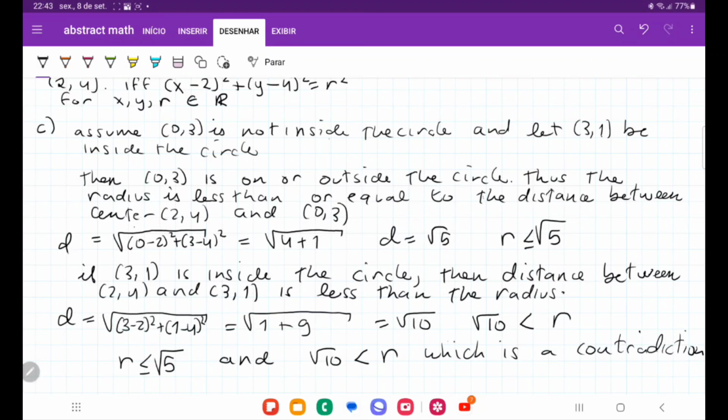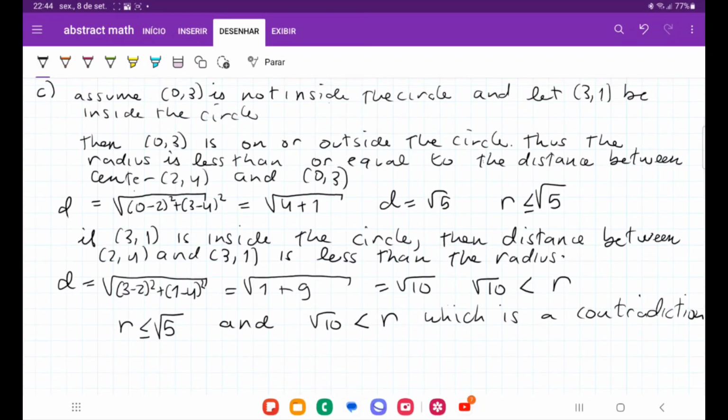Yeah, so we've shown that, hey, the idea of the distance doesn't match up, right? Because if (0, 3) is on or outside, then the distance must be greater than or equal to the radius. And if (3, 1) is inside, then the distance must be less than the radius, but it doesn't add up.